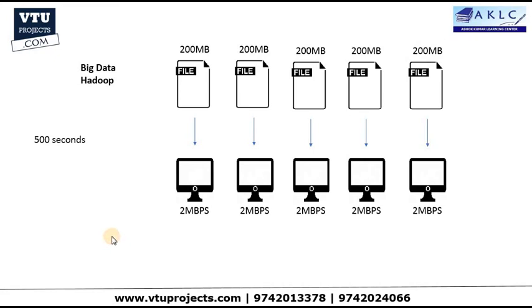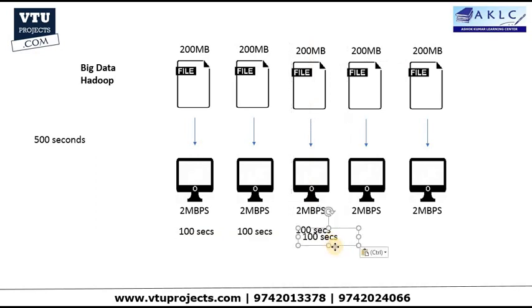Now if you calculate the time taken by one laptop, this laptop will have to copy this 200 MB file, this laptop will have to copy this 200 MB file, like that. In 1 second it will copy 2 MB, so for copying 200 MB it will require 100 seconds. The same 100 seconds will be taken by all the other laptops.